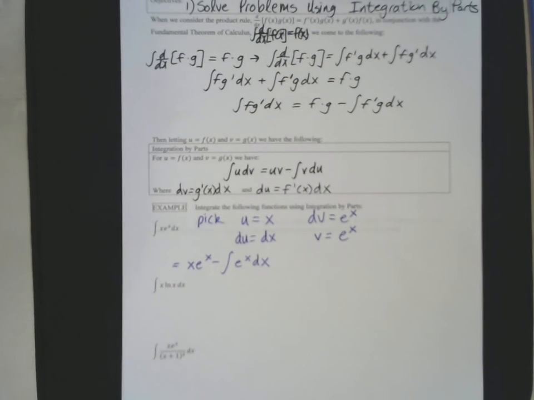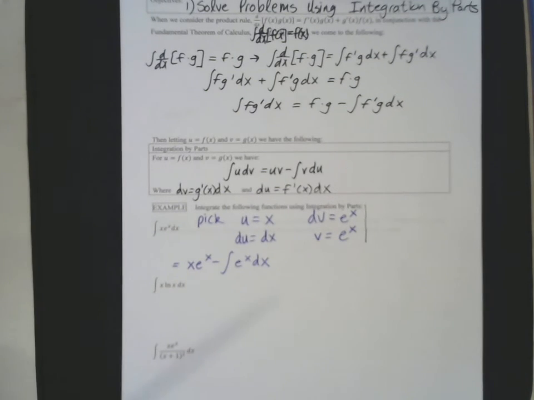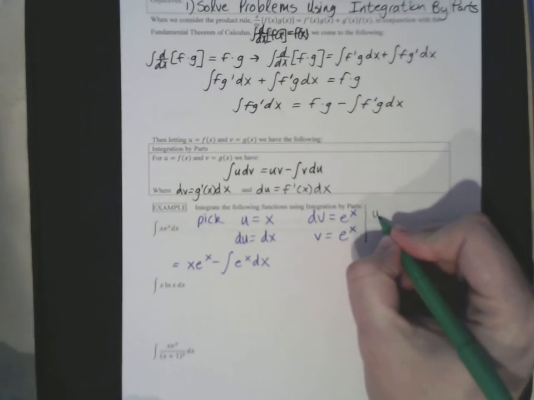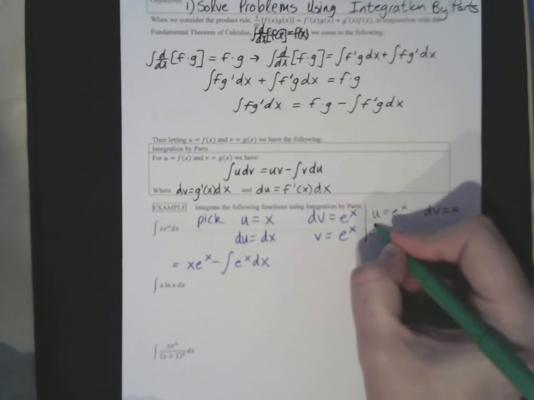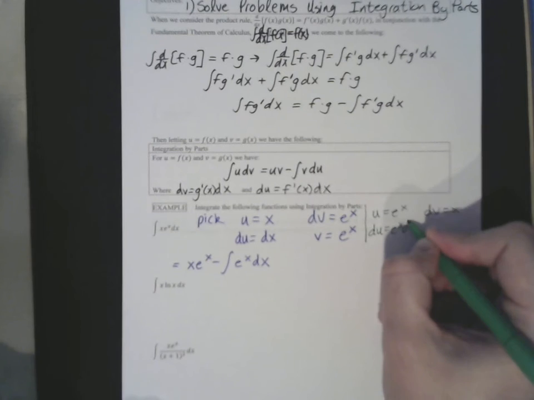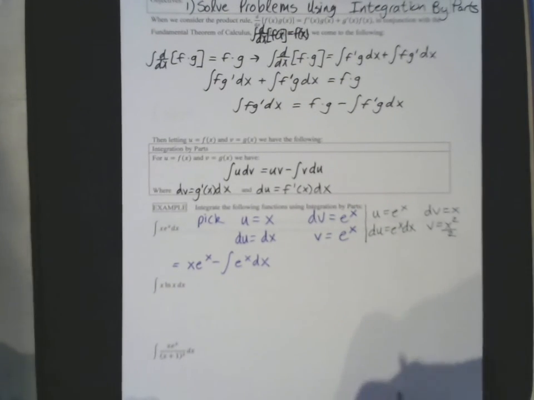So watch what happens if I was to select the other way. Because some of you undoubtedly thought to yourself, well, e to the x is pretty easy to differentiate, and x is pretty easy to integrate. Well, if u is e to the x and dv is x, that means du is e to the x dx, and v is x squared over 2.